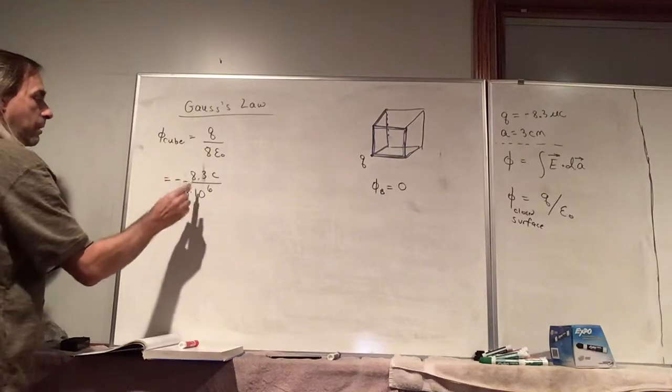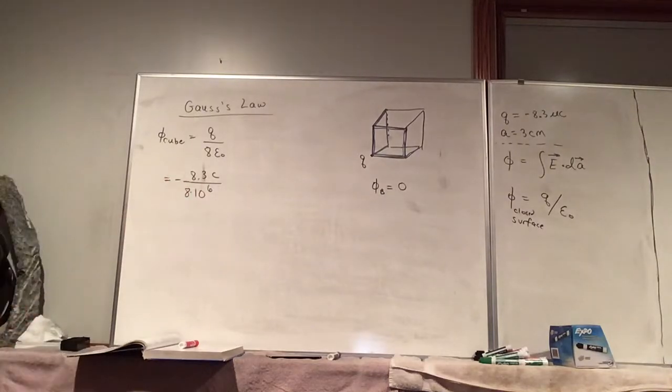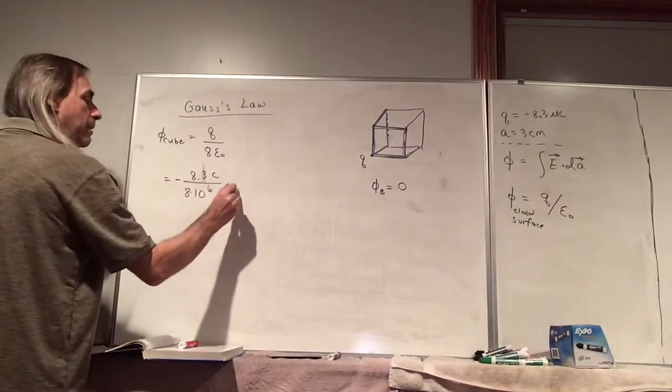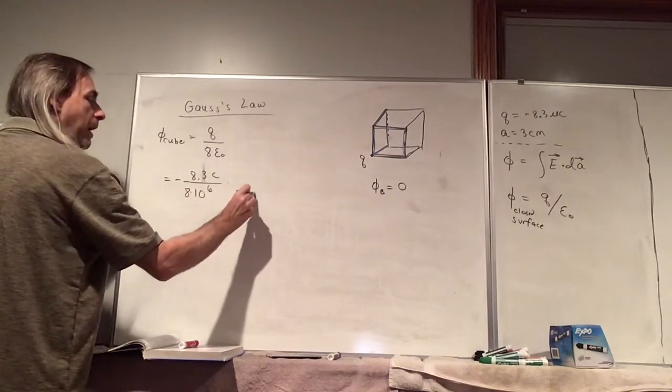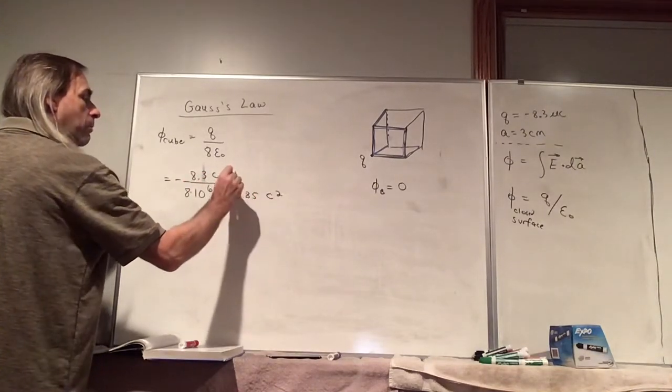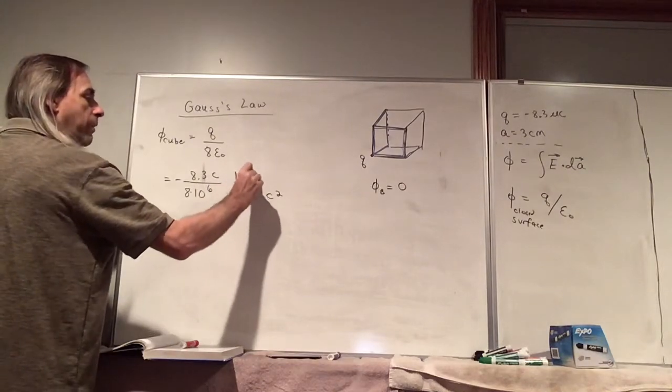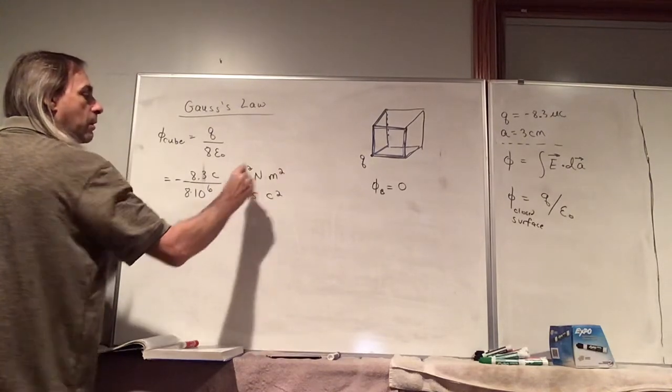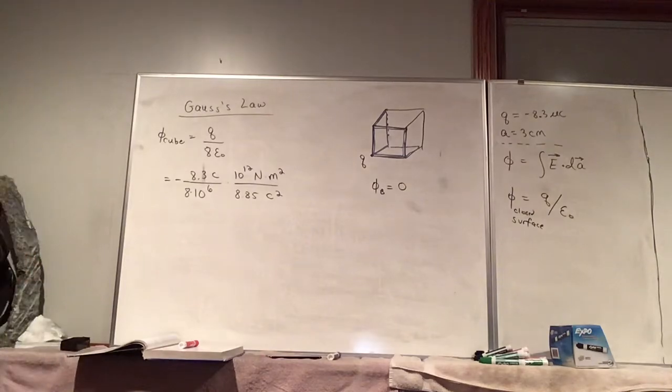Let's put the 8 down there. So 8 times 10 to the 6, that's q over 8. And then epsilon naught is 8.85 coulomb squared over 10 to the 12th Newton meter squared. So we'll get units of Newton meter squared per coulomb.